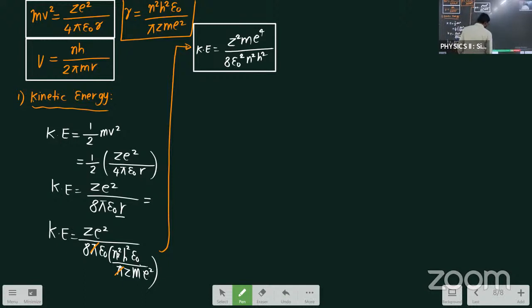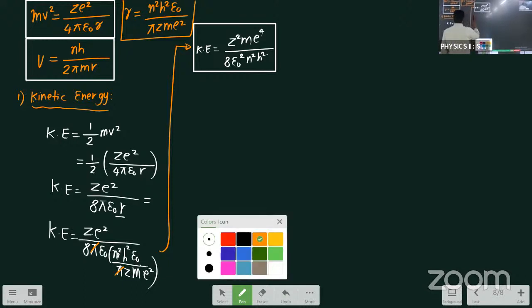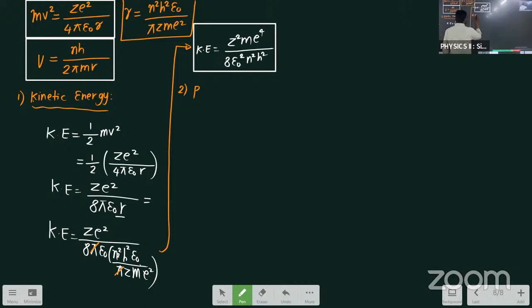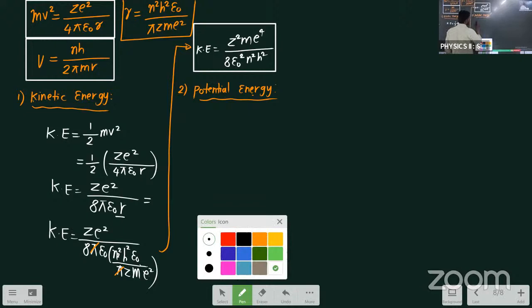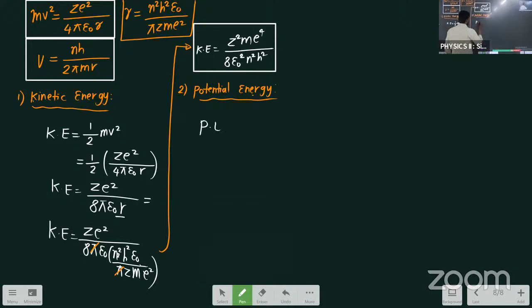Similarly, we can obtain the expression for potential energy. I'm writing the expression directly. The expression for potential energy is given as PE is equal to minus Ze square divided by 4 pi epsilon naught r.